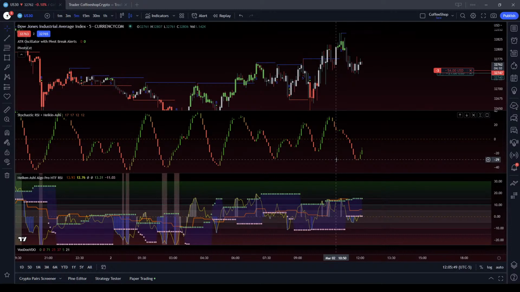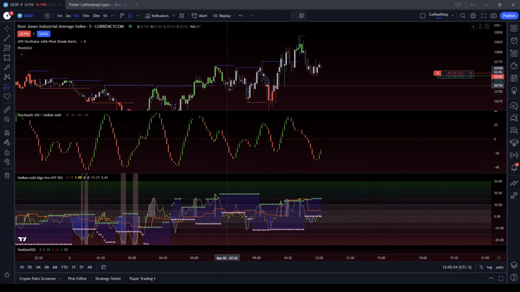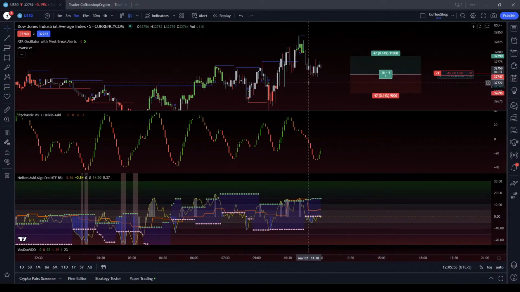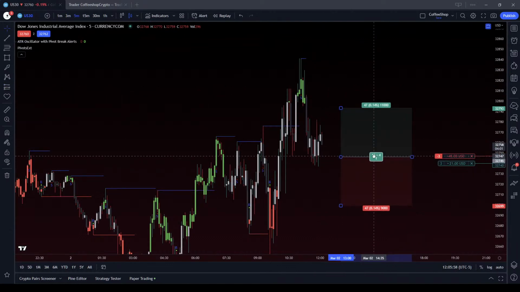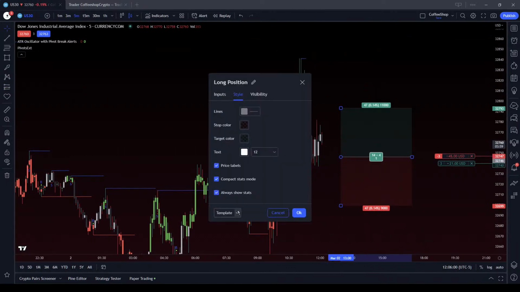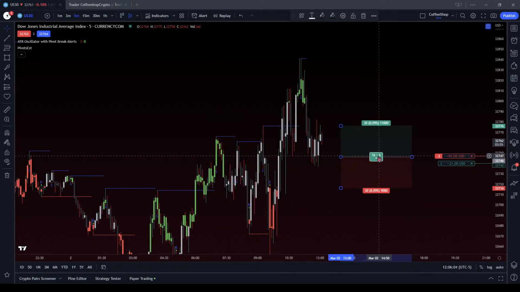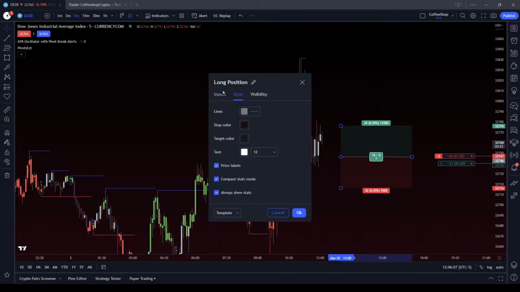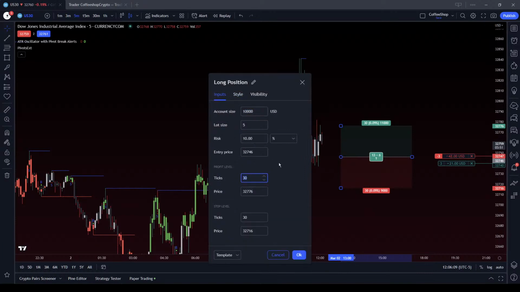You can't just buy and sell aimlessly without knowing, hey, is this move going to go far enough for me? For example, here, right? In the Dow, I have a template set up so that my move has to move at least 30 ticks, okay?